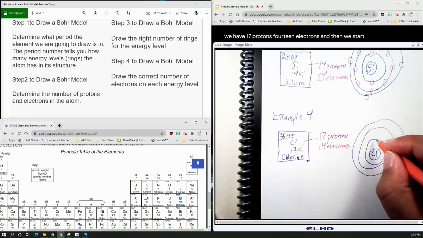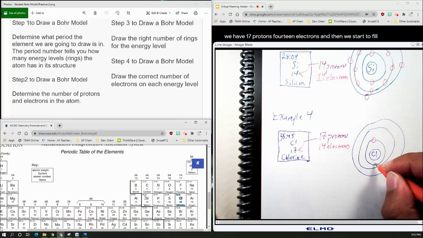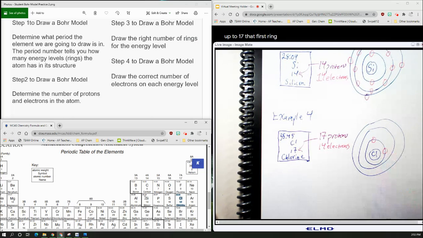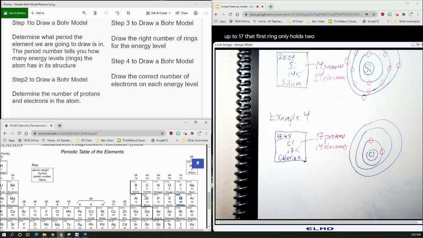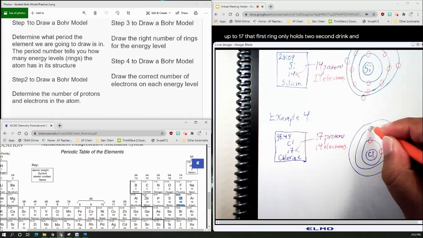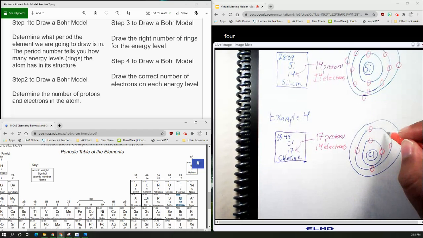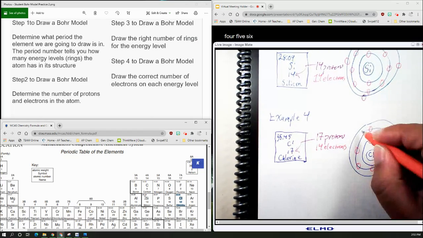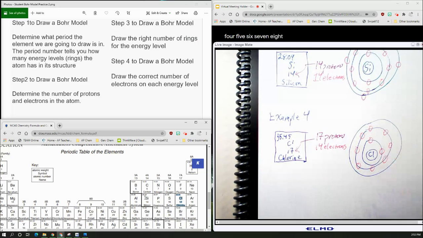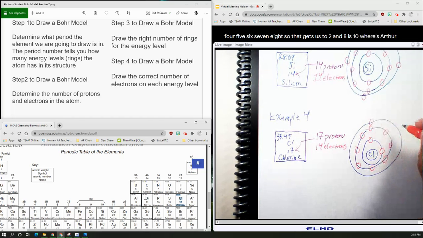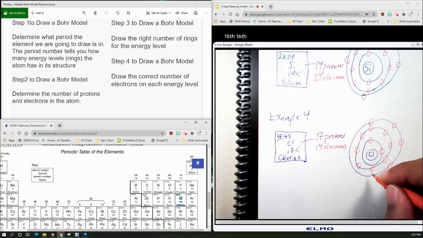And then we start to fill until we get up to 17. That first ring only holds 2. Second ring can hold 1, 2, 3, 4, 5, 6, 7, 8. So that gets us to 2 and 8 is 10. Here's our 13th, 14th, 15th, 16th, 17th.